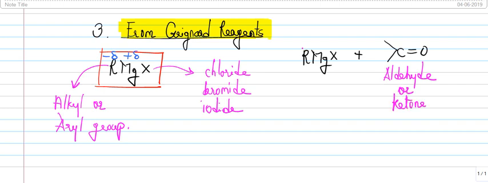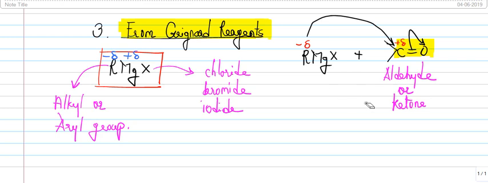How would this reaction exactly occur? This is partially negative and this is partially positive. You know that the carbonyl group generally has the carbon which is partially positive. So now you have R going here and oxygen moving out there. So what do you get?